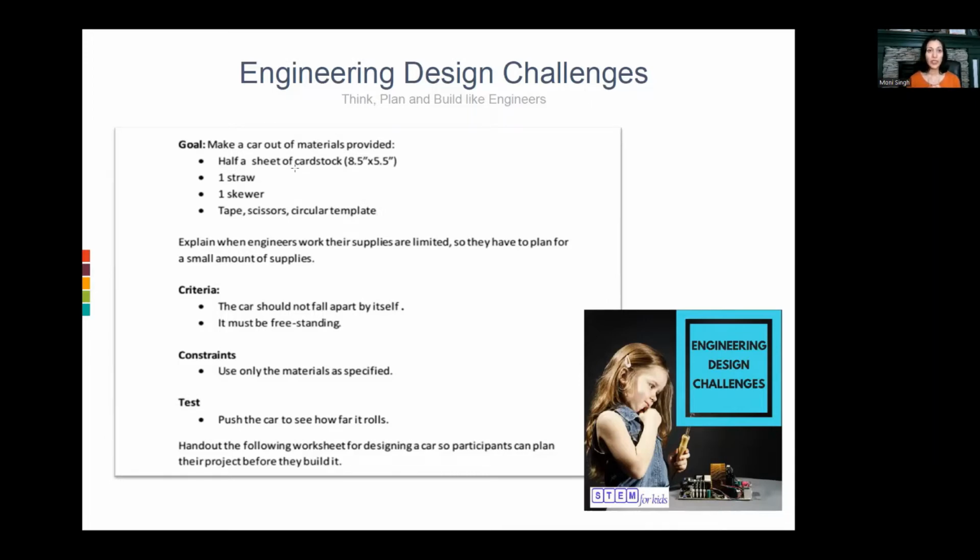With this particular challenge, one of the questions we received from one of the students was, okay, I see that the quantity of the straw is one, the skewer is one, but for the tape, you do not tell us how much tape. Can we use an unlimited amount of tape?